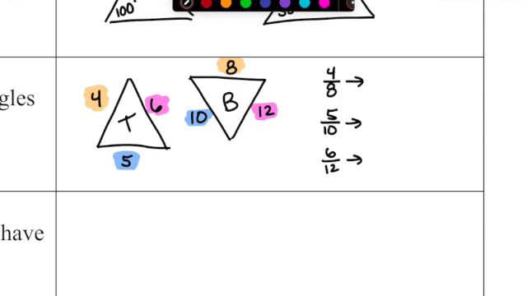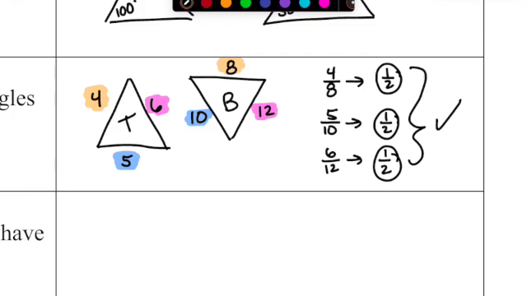Okay, I have to simplify these ratios to ensure that they are the same. 4 over 8 simplifies to 1/2. What about 5 over 10? That also simplifies to 1/2. And then what about 6 over 12? Well, that will also simplify to 1/2. As long as all three of these have the same ratio, which they do, then we can say that these two triangles are similar by side, side, side. Okay?